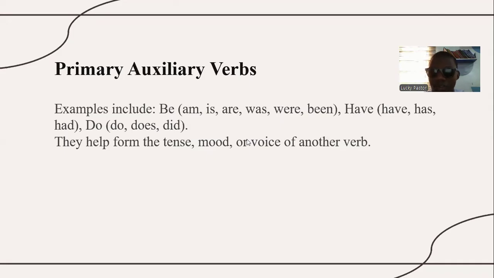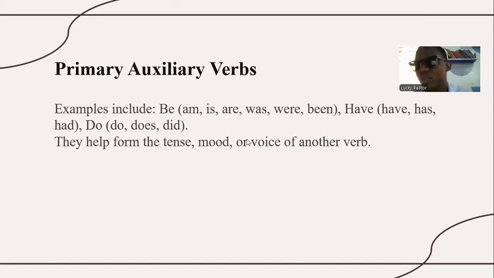These are the primary auxiliary verbs under be. Then under have, we have, has, had, right? These are the verbs under have. Then under do, we have do, did, done, don't, right? These are the auxiliary verbs under do.